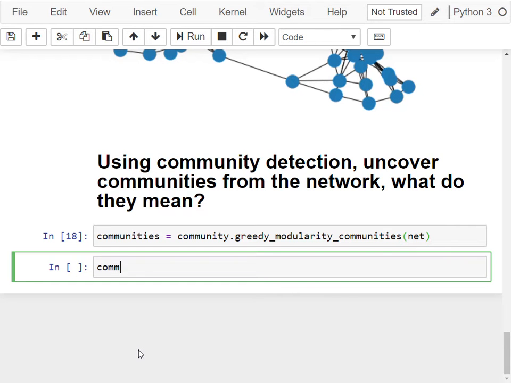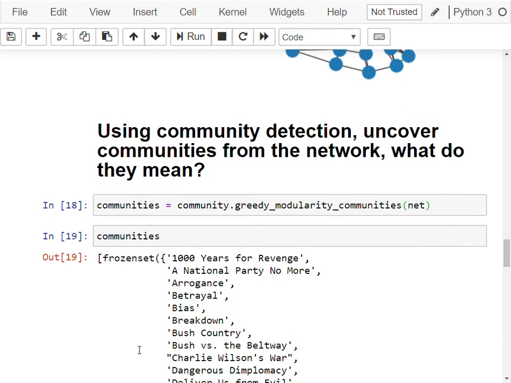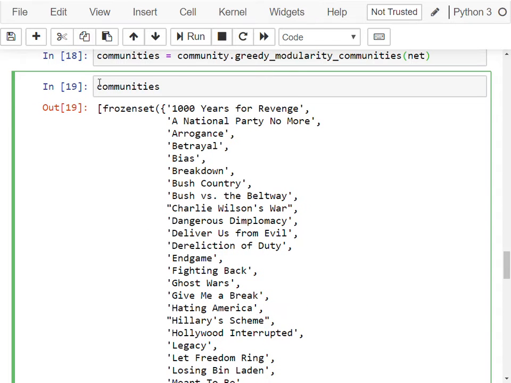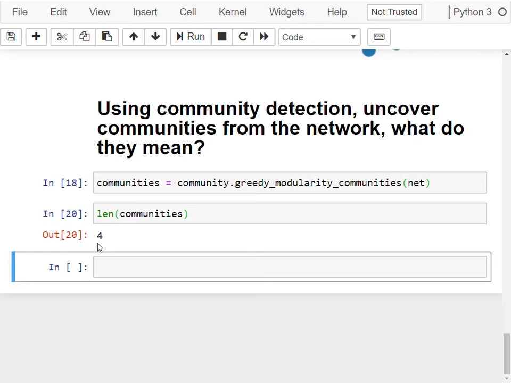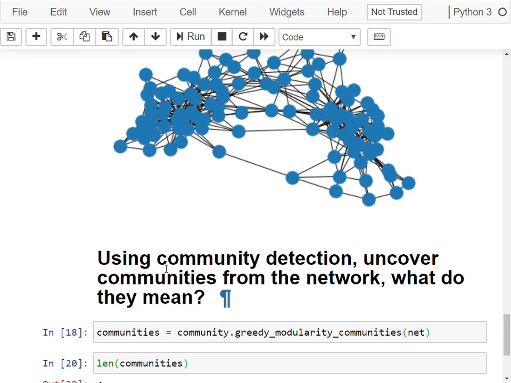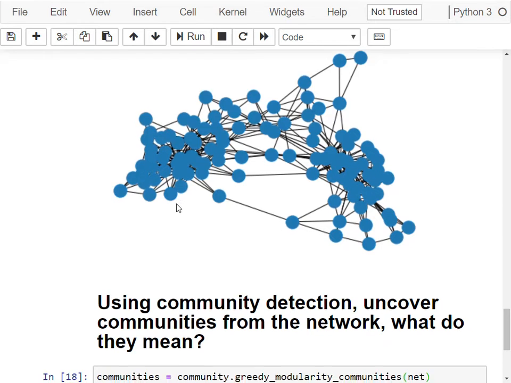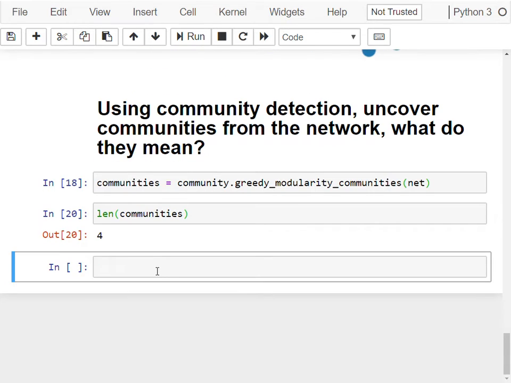Next, let's take a look at our communities here. Let's take a look at the length of these communities first. We've got 4 communities actually in our data, right? So our visual examination of the network resulted in maybe 3 communities, but we already have 4. Let's take a look at these 4 here.